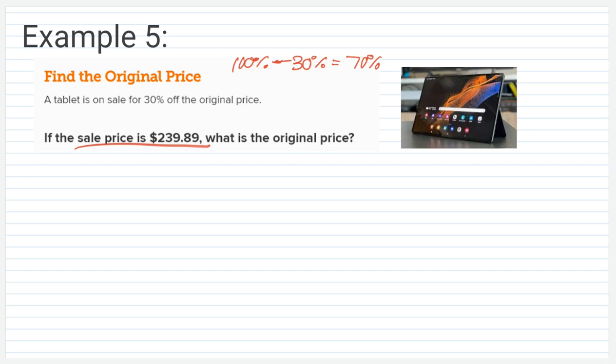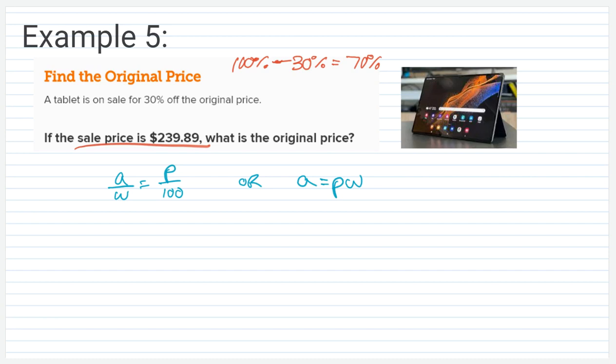Again, I can use a proportion or an equation to solve. So if I write them both out in their generic form, we got A over W is equal to P over 100, or A equals P times W. In both of these, we know what the part is. That was the amount that we were left paying, the sale price. We know the percent now, because if I took 30% off, you paid 70% of the original price.